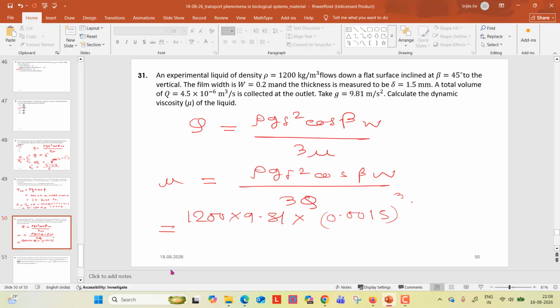Sorry, it is cube, into cos 45 into W is 0.2, divided by 3 into Q is 4.5 into 10 to the power minus 6.